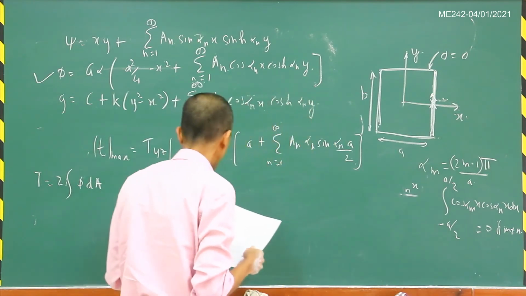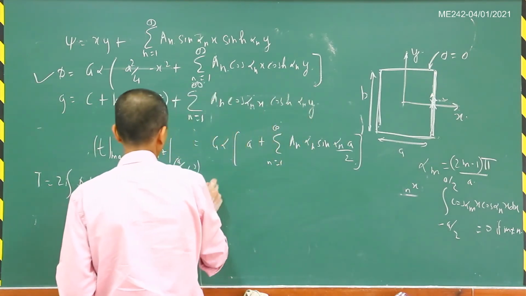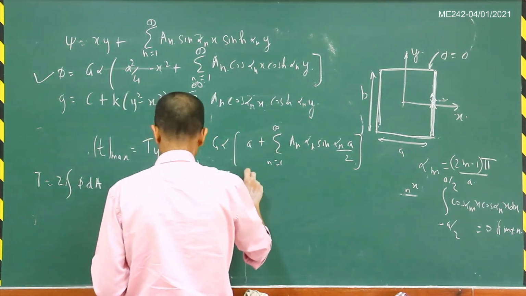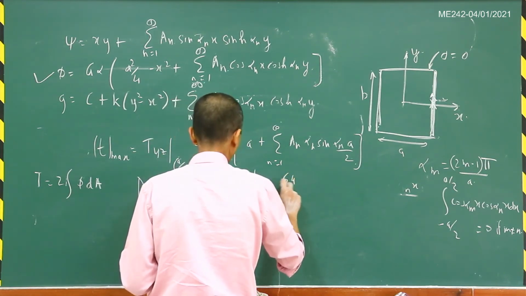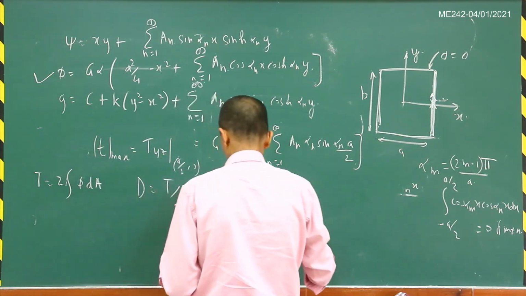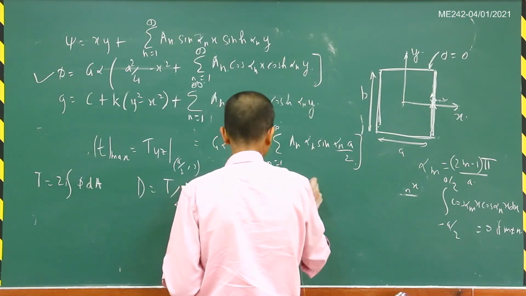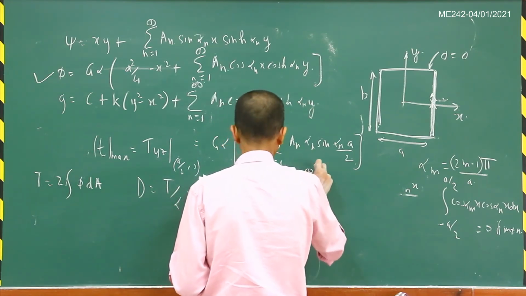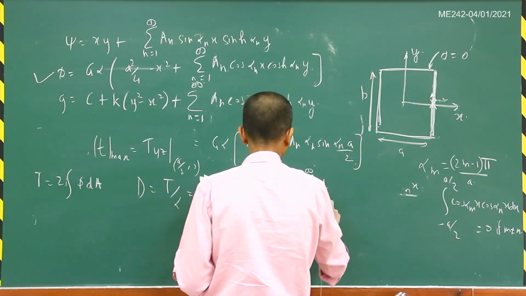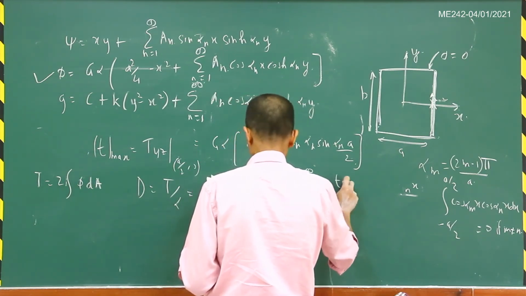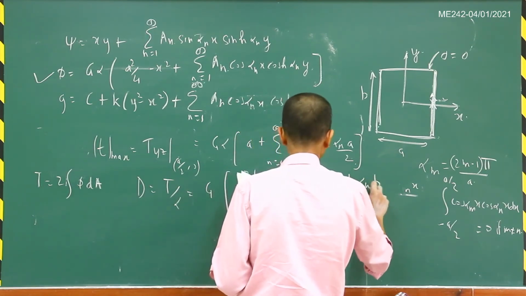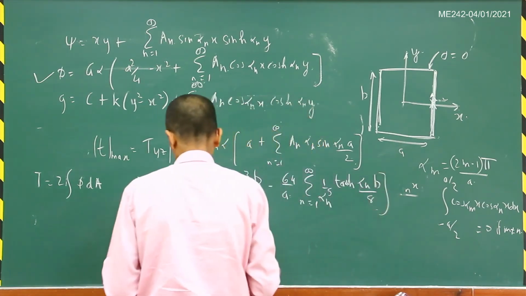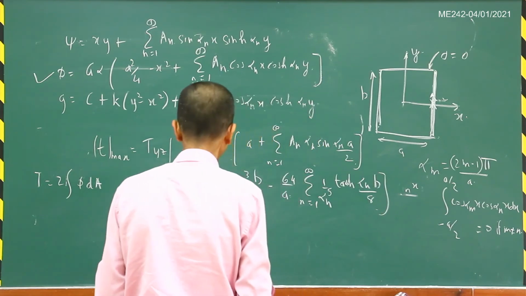The torsional rigidity will be G times a cubed b divided by 3, minus 64 divided by a, times the summation from n equal to 1 to infinity of 1 by alpha_n raised to 5 times tanh of (alpha_n b divided by 8). This is the expression that you get for the torsional rigidity here.